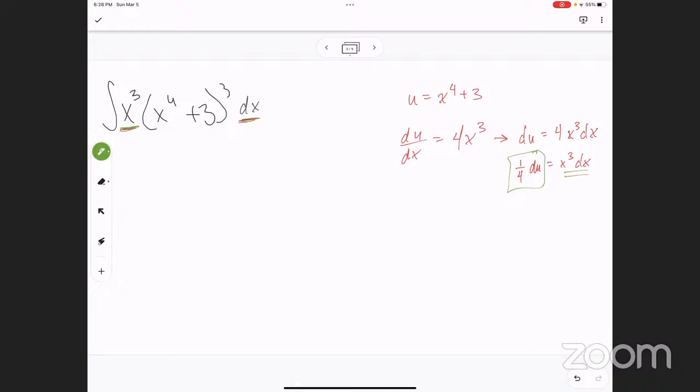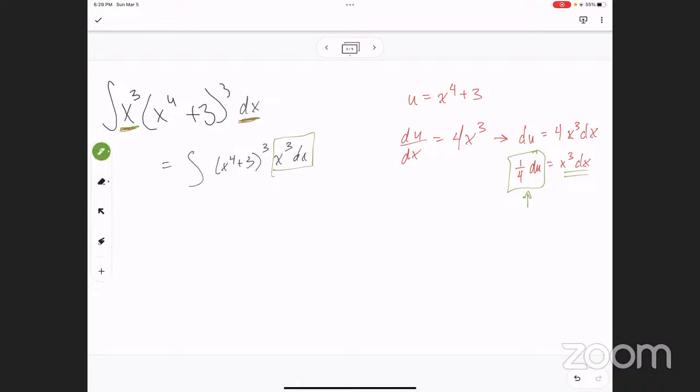You see it there? So I'm going to even rewrite this just so you can see it. I can rewrite this as x to the 4th plus 3 cubed times x cubed dx. And now I'm going to plug in that thing right there, because that's equal to it, right?